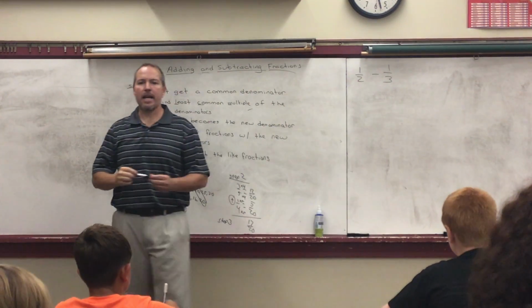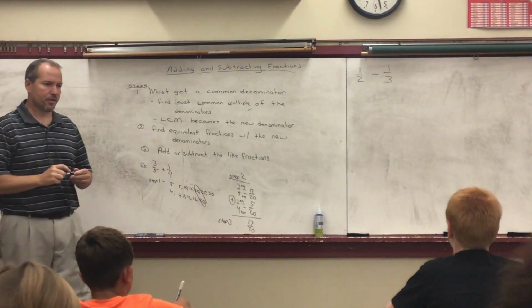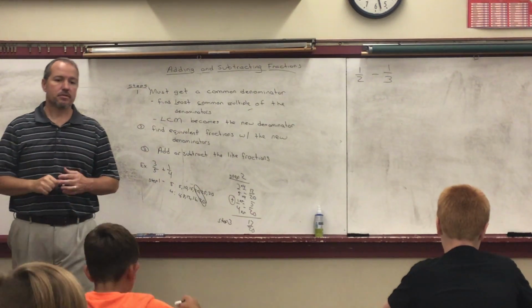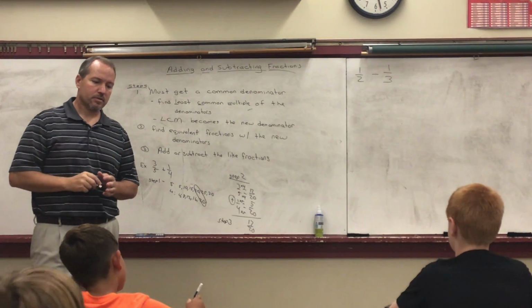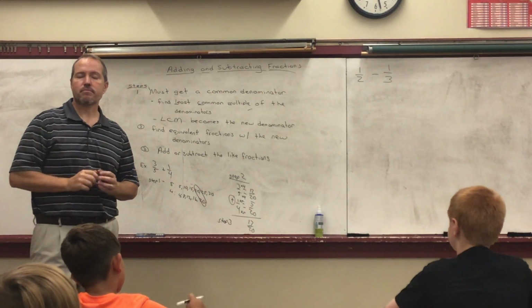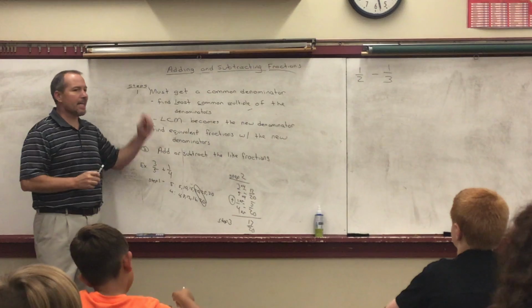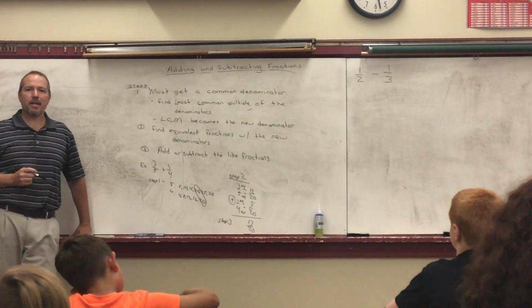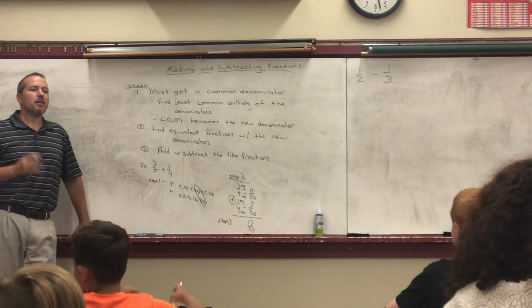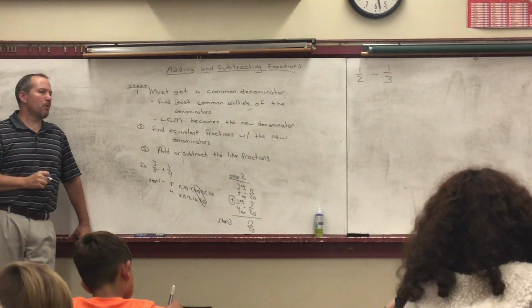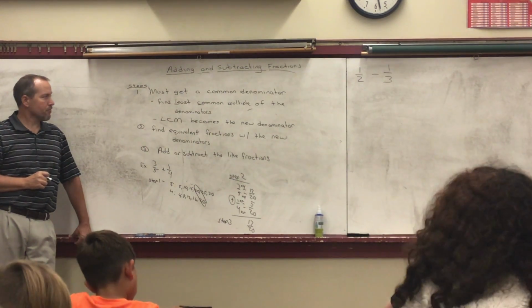One half minus 1/3. Okay, step 1. We need to get a common denominator. How do we get a common denominator? Find the least common multiple. On your board, I want you to find the least common multiple of the denominators.